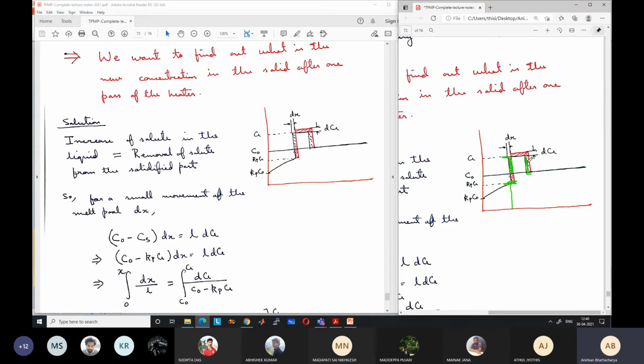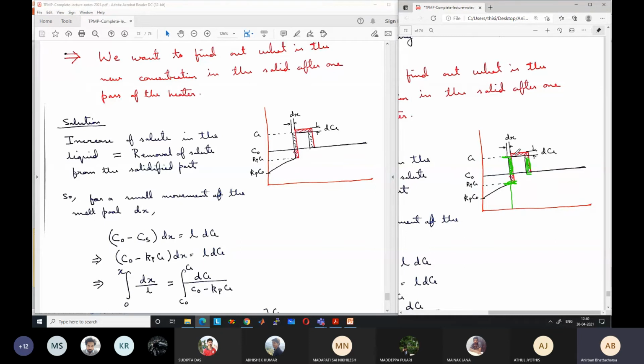So what is left is this excess concentration, C0 minus KpCl. Where will this excess concentration go? This will go in increasing the concentration in the liquid.